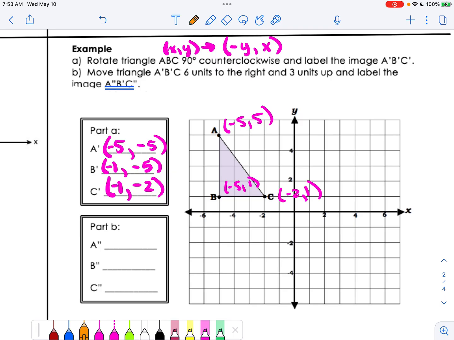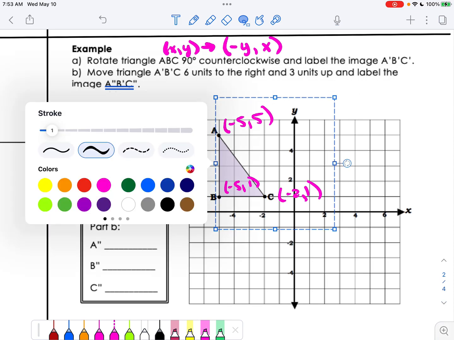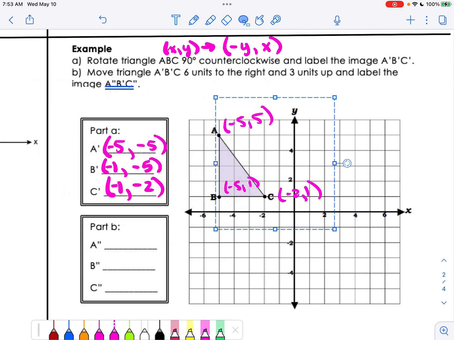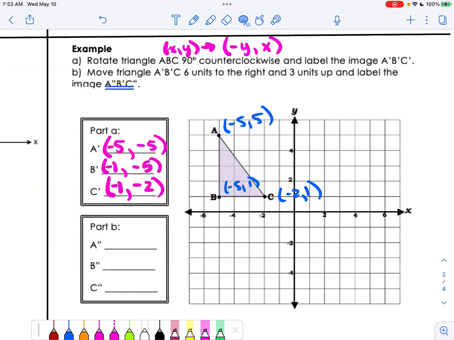Now, let's draw that real quick. Actually, I'm going to change my color here. There we go. And then I'm going to draw this new triangle. -5 would be down here, so that's A, and notice I'm putting my little mark.